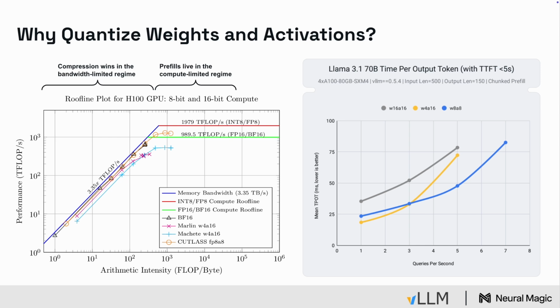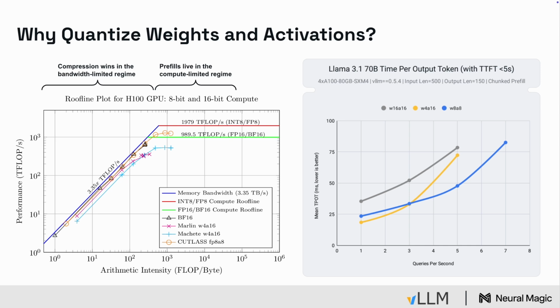So we're limited by the bandwidth we have from the GPU in terms of saturating all of the flops that the GPU has. You're there when you're in low batch decode, and this is where memory compression really wins.